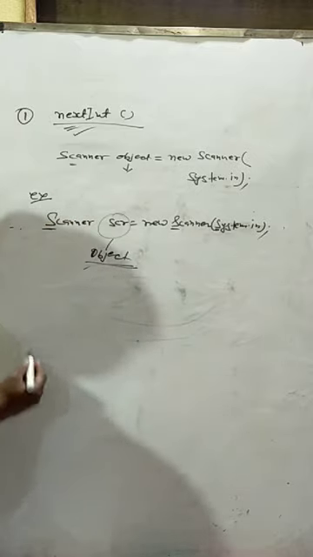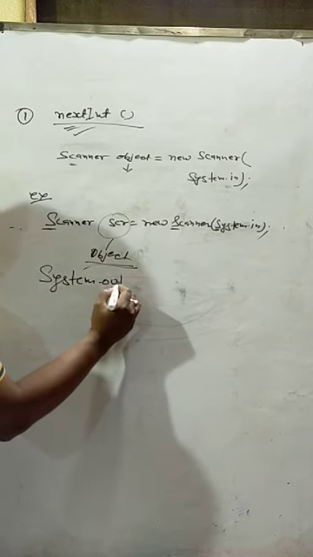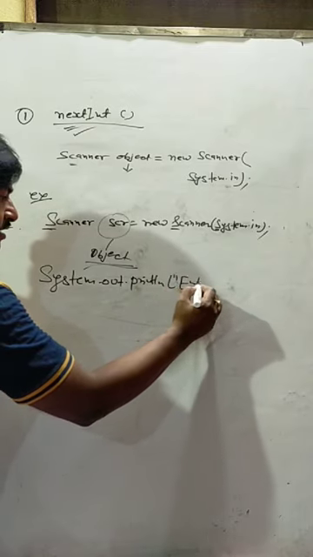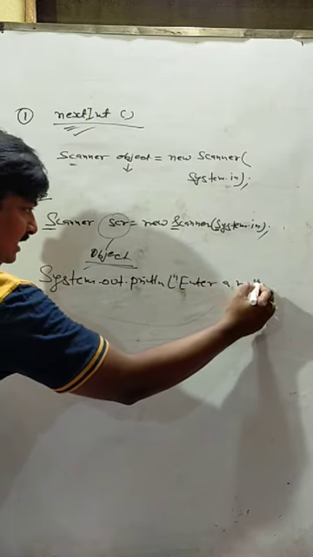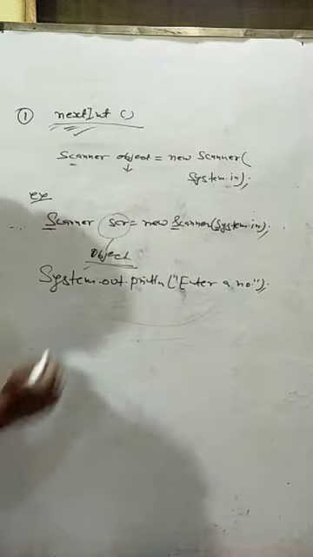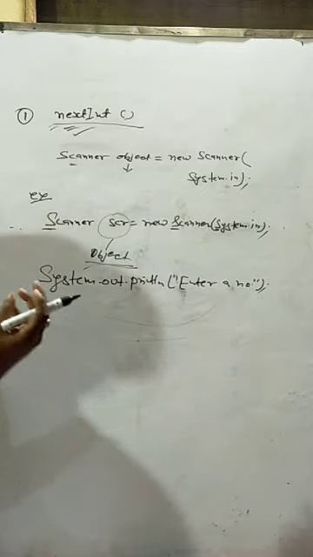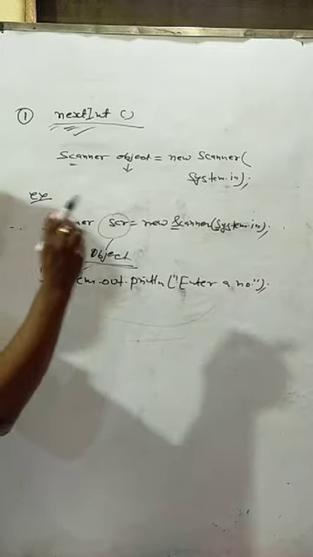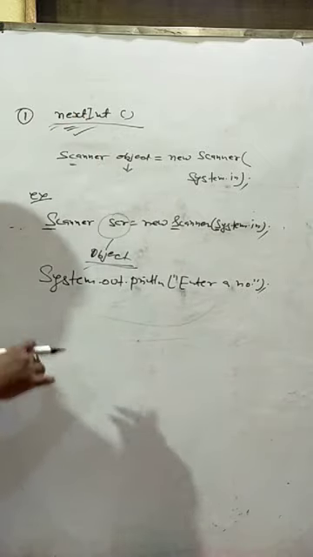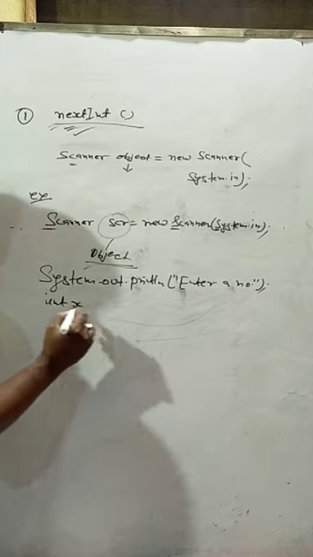After creating the object, we will give a prompt to the user like this: System.out.println("Enter a number"). Enter a number, because we have to input an integer value. When the user enters a number, that number is an integer type, and we have to store it in an integer variable.